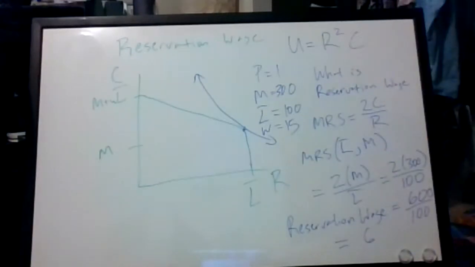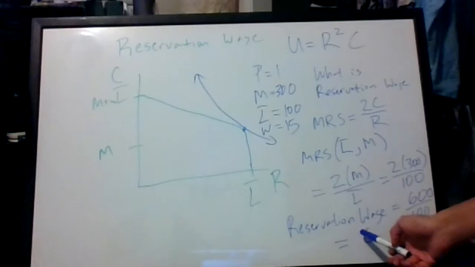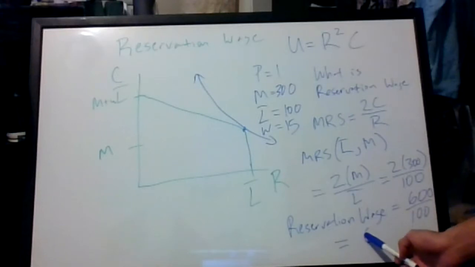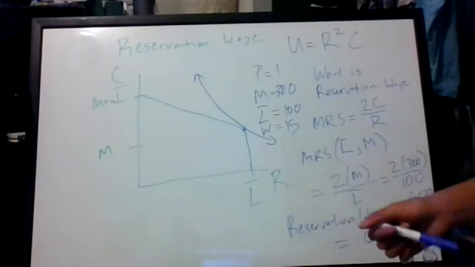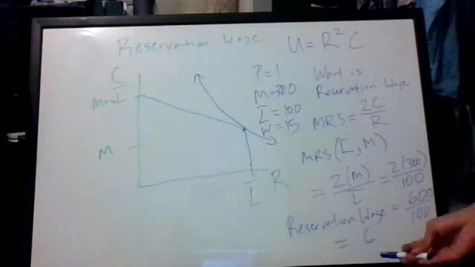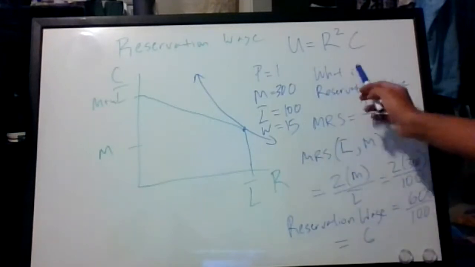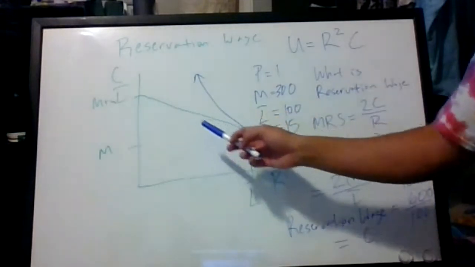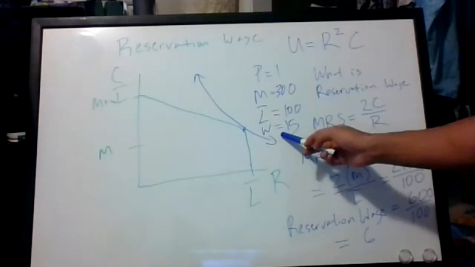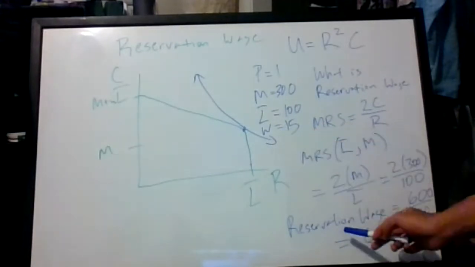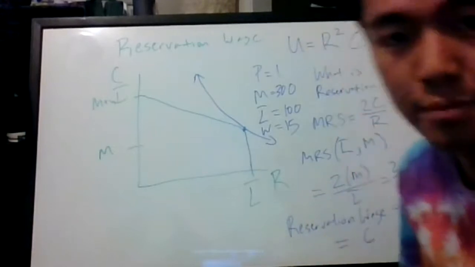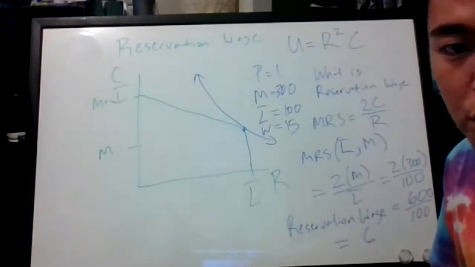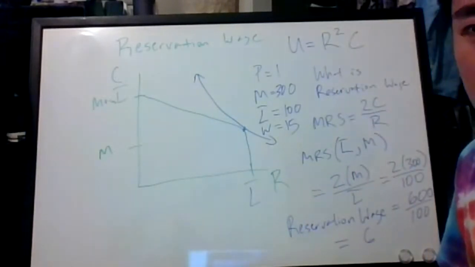Another thing I want to point out is that because our reservation wage is less than the real wage that exists, we're going to say that this person is willing to work some positive amount, because the wage that's available is higher than the wage they'd be willing to work for. And so that's just a brief introduction to reservation wage.